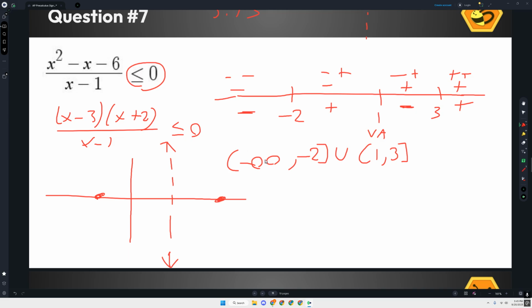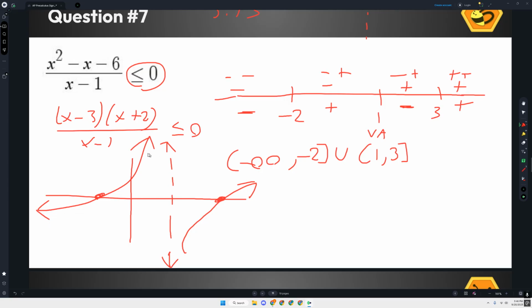And from -2, the x values go towards -infinity. These values are negative because they're from our sign chart. So we know it's going something like this. These values are going towards the negative values, and this is going positive.